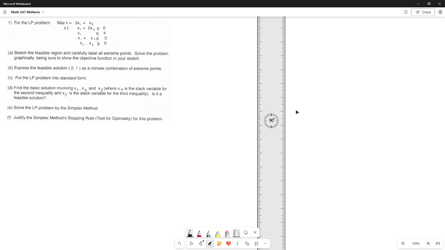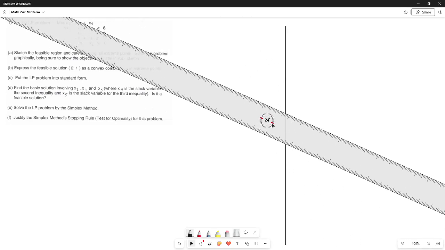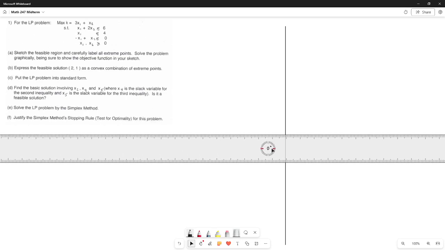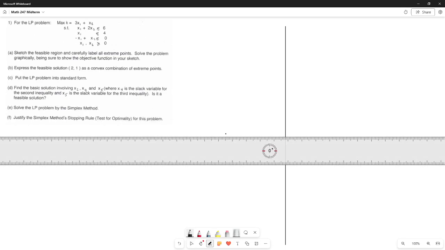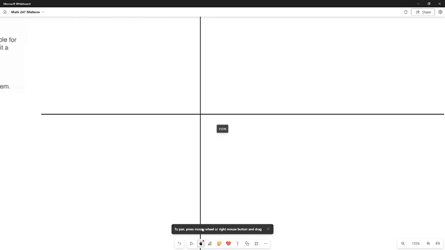So we're going to quickly go ahead and make a graph, which I do recommend bringing a ruler to the exam. So I'm going to go ahead and put some points here.